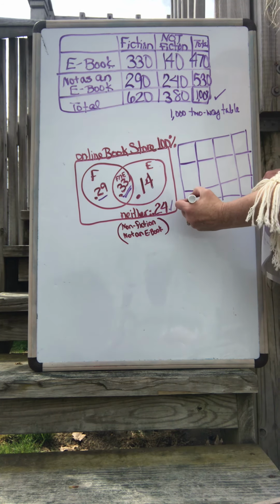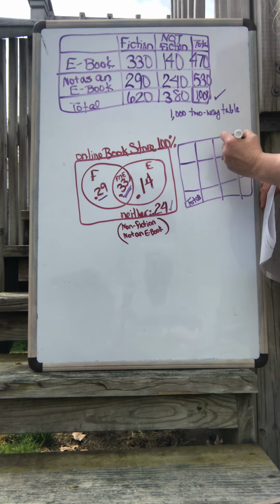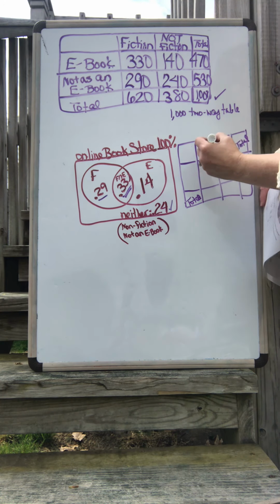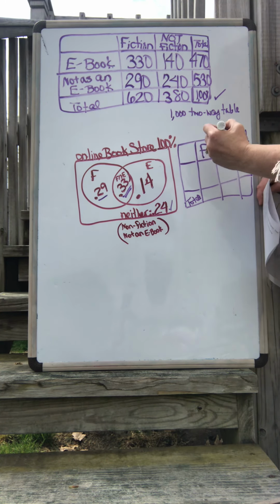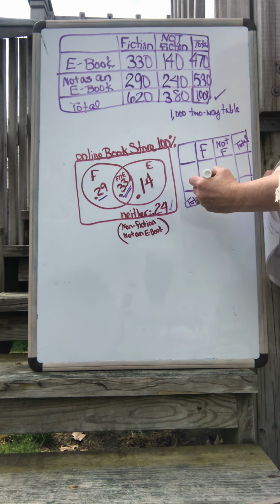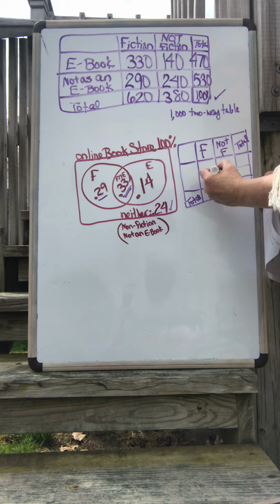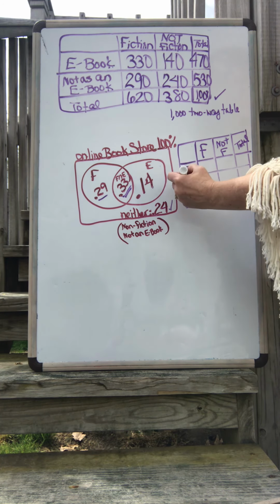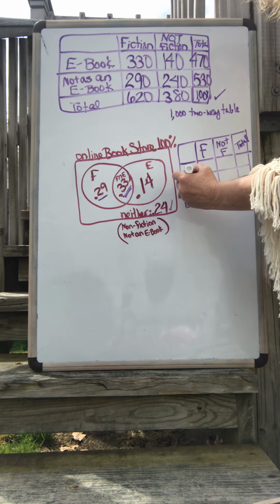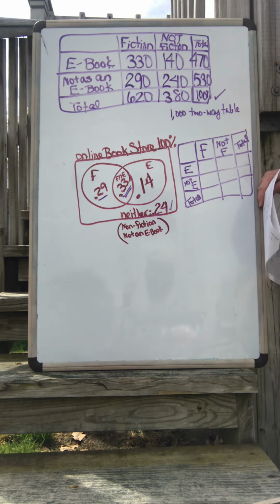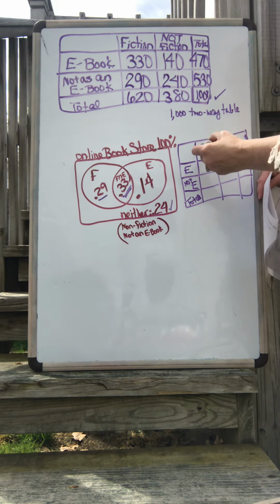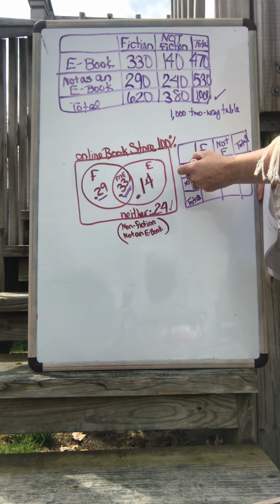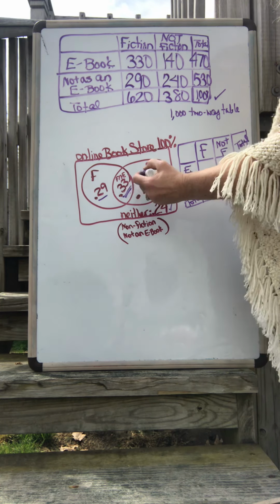This is my total and this is my total. And again, I was either fiction or I was not fiction. And I was either an ebook or I was not an ebook. So I'm just abbreviating. And back to here, fiction and an ebook was 33%.